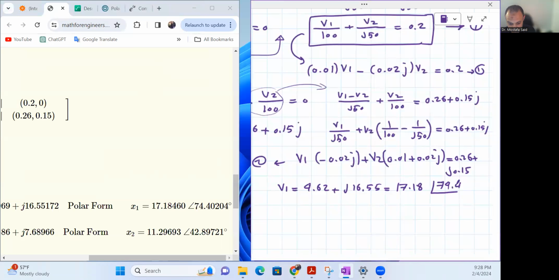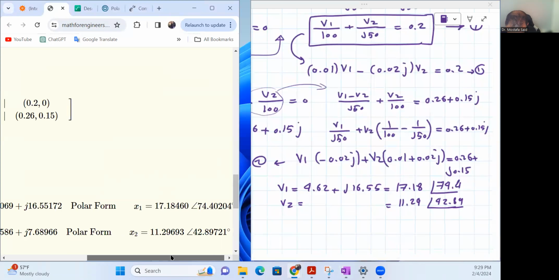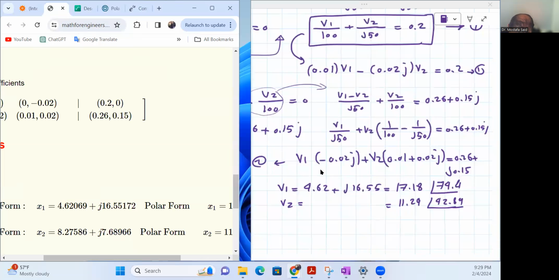Okay, that's basically V1. Now V2. V2 in polar form directly is 11.29 angle 42.89, and as a rectangular form, which is the one that we're going to use, 8.27 plus J7.6.